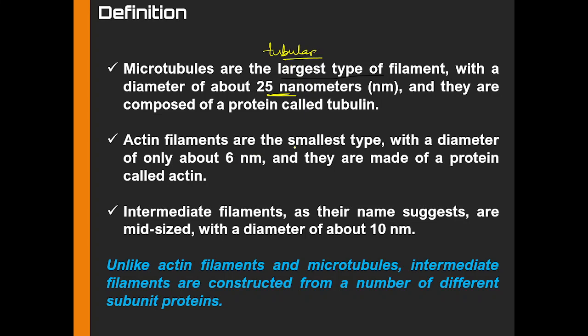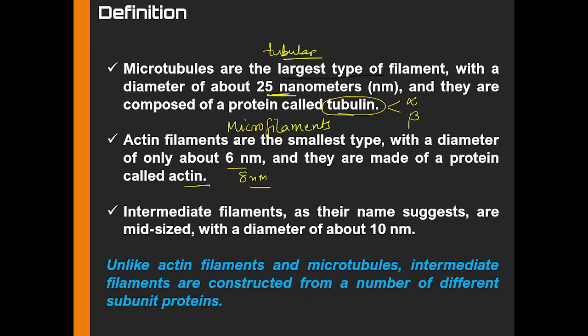The actin filaments are the smallest type, with diameters in the range of 6 to 8 nanometers, and they are made up of a protein called actin, while microtubules are made of tubulin, of which there are two types, alpha and beta tubulin. Actin filaments are also called microfilaments.